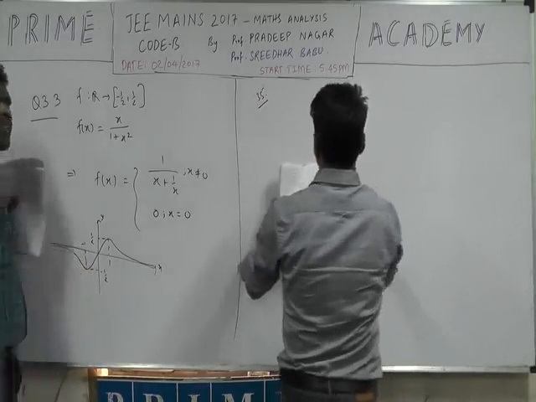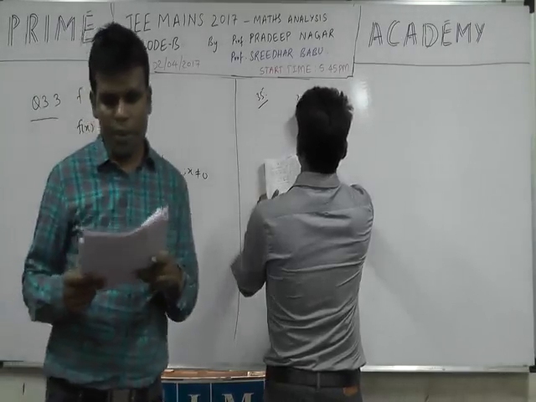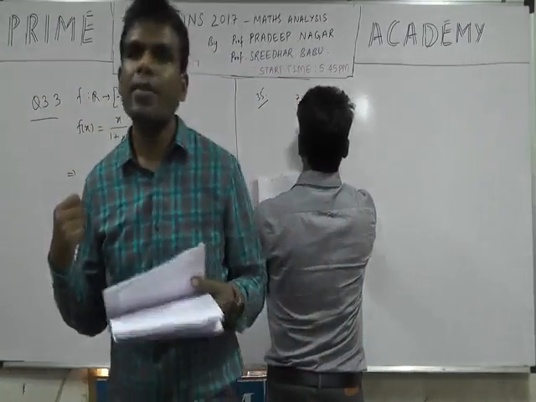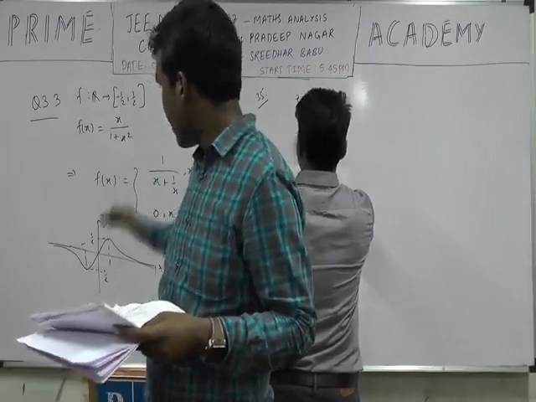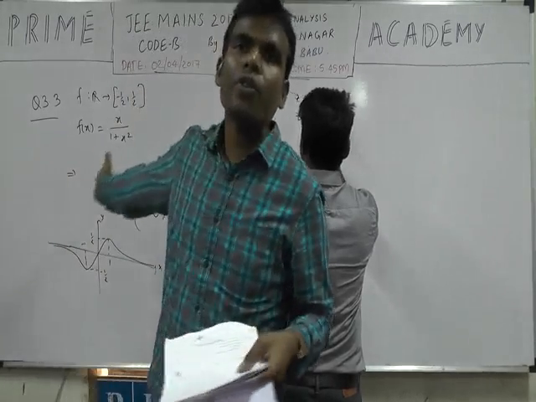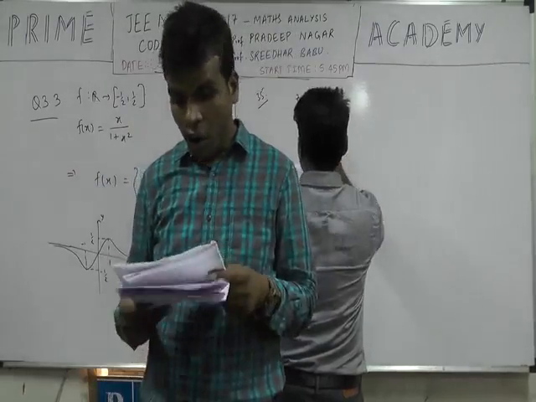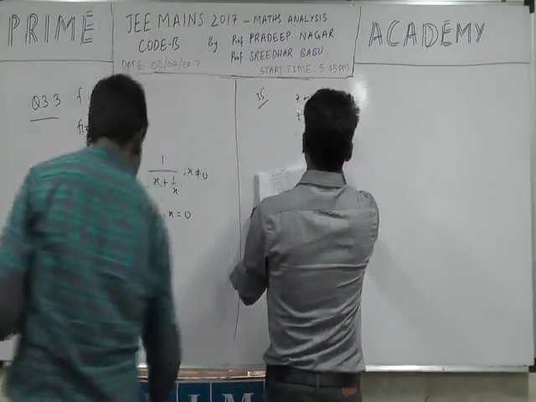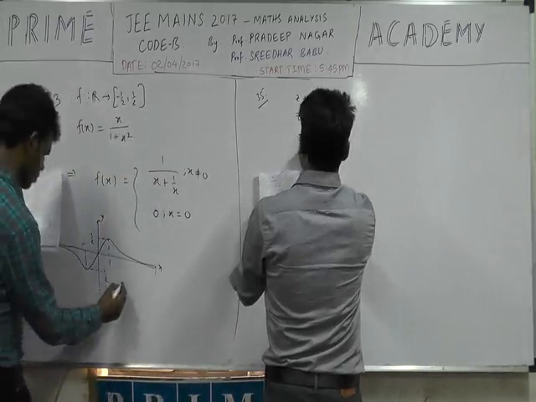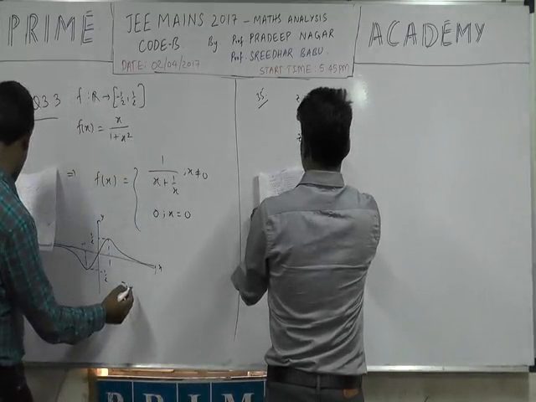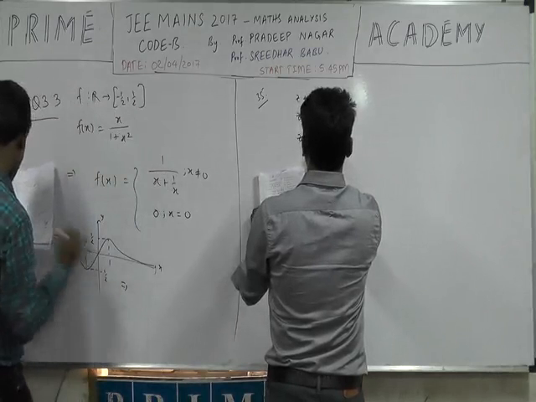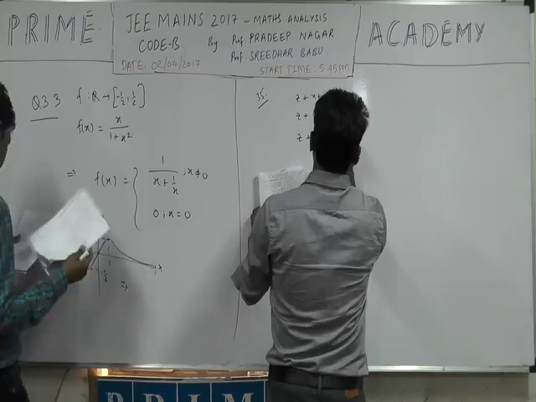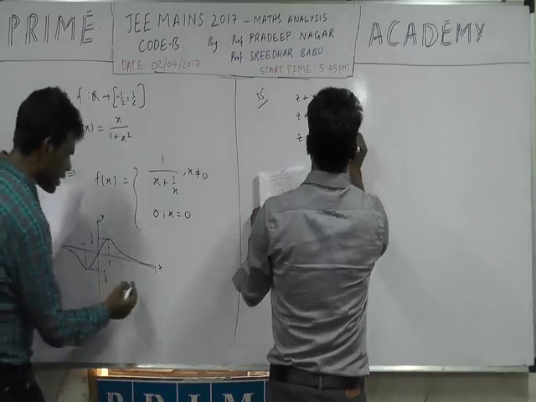So this is the graph of f of x equal to x upon (x square plus 1), which we can clearly see is many-one, and its range is minus half to half, which is equal to the codomain, hence it is onto. That means it is many-one onto, which means the correct option is surjective but not injective.